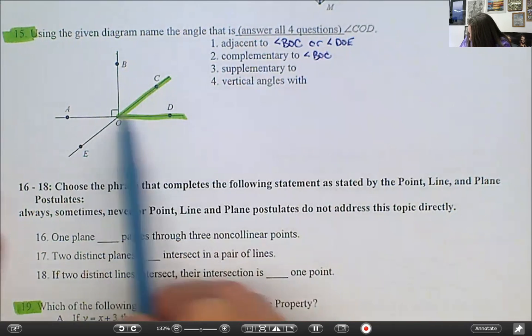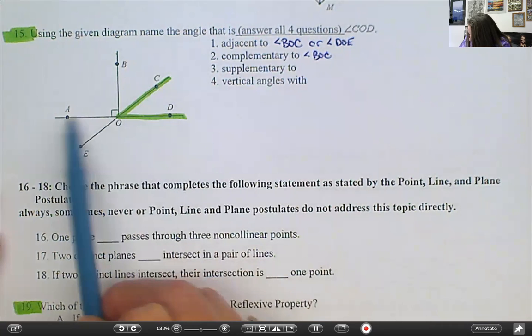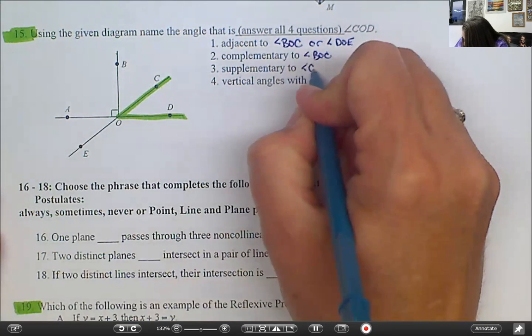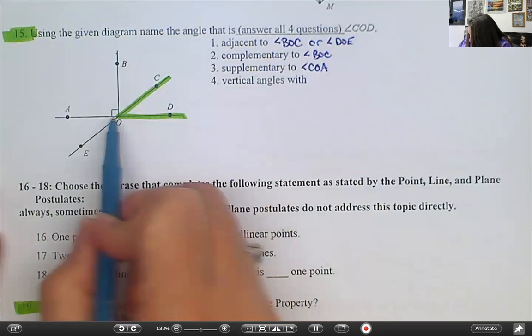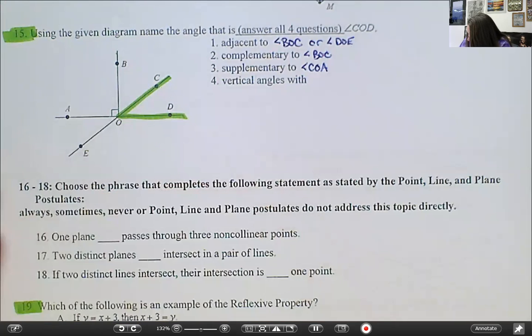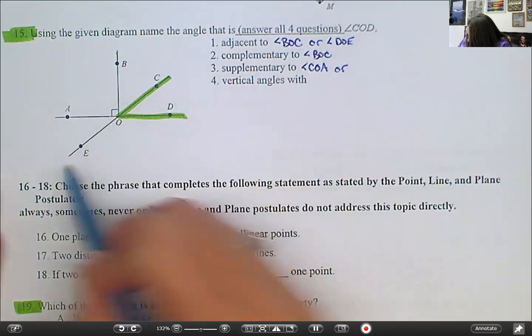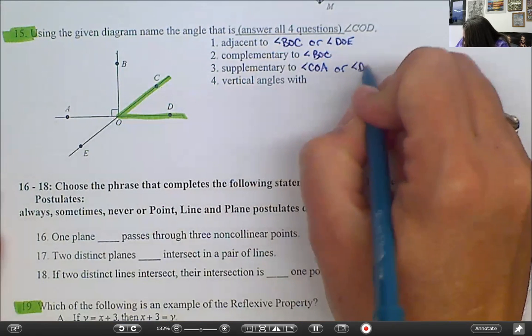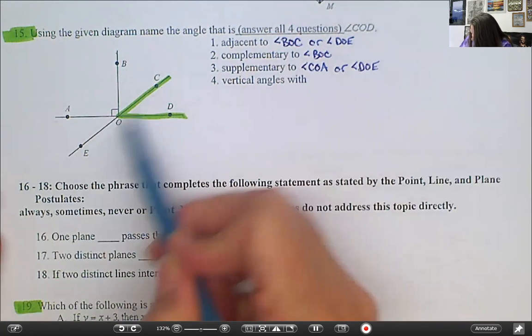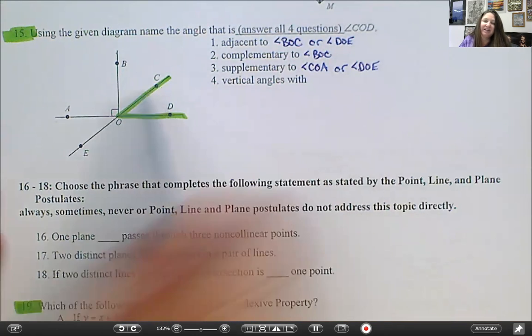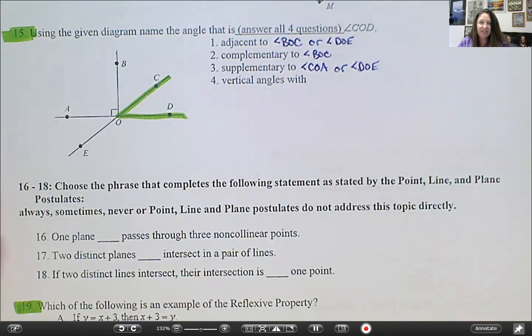So now if I'm using this angle here, COA would create a straight line here. Or it's possible that we use DOE again, because that would make a line right here on your diagram. So again, more than one possible choice there, so please be careful.